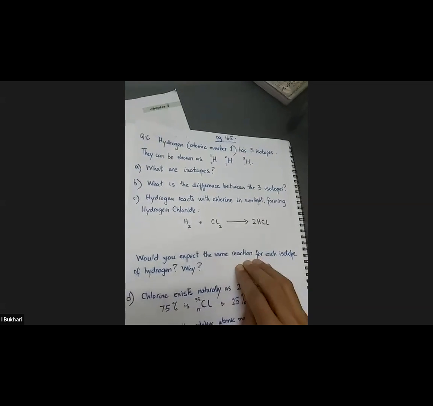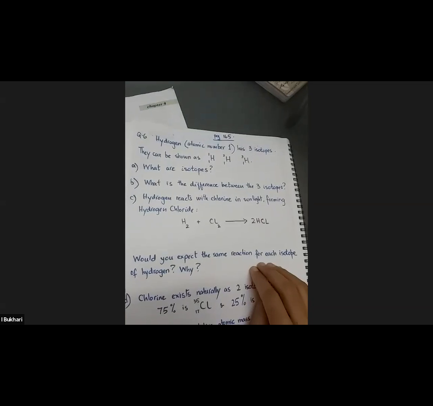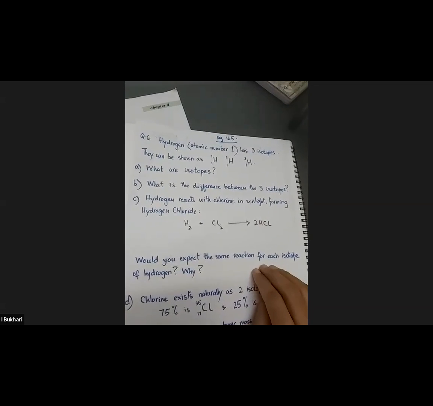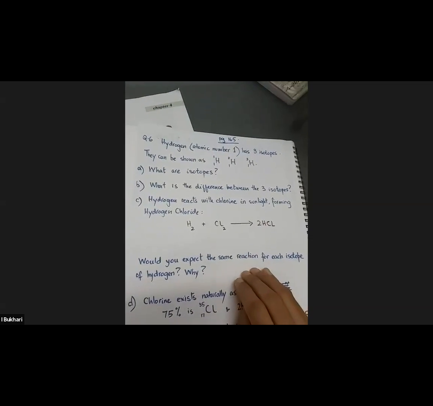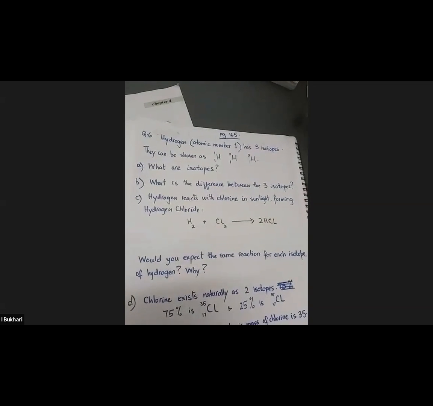Please use the chat window to answer. So will all the isotopes react the same way? Would you expect the same reaction? Because the neutrons are different, they would not react the same way? Shaima is saying, no, they will not react the same way.